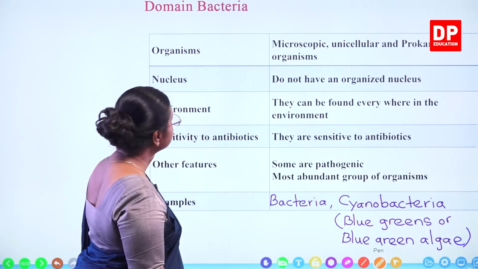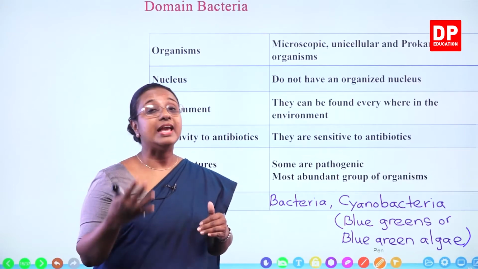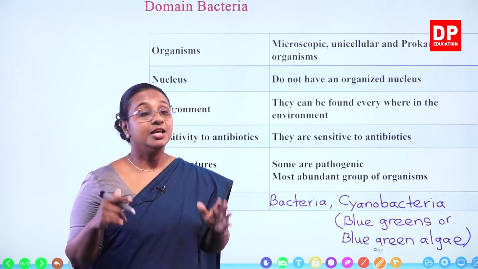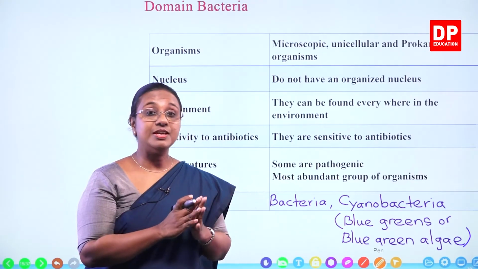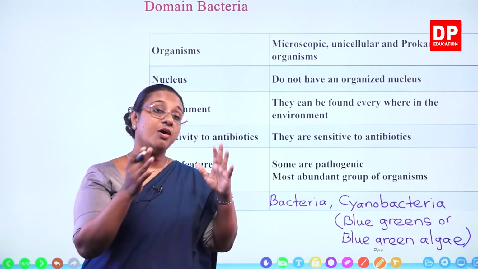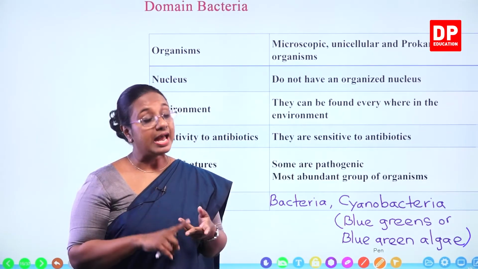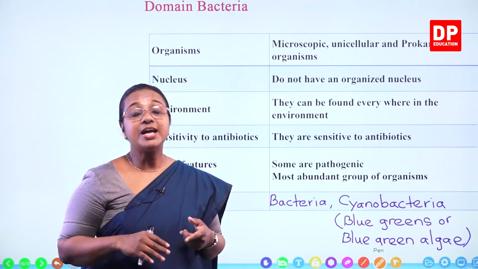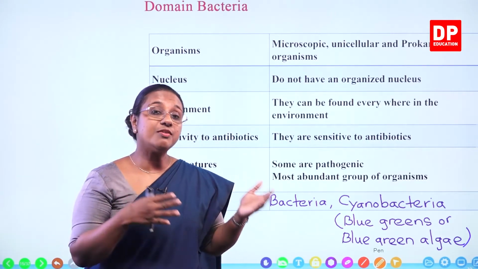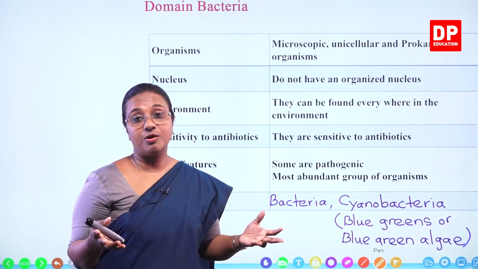Then if we consider the environment, they can basically live in any environment. You can remember when we discussed microorganisms in the previous grade, they live in all environments: soil, water, atmosphere, then within and outside the bodies of living organisms, man, plants, animals, in all living organisms.